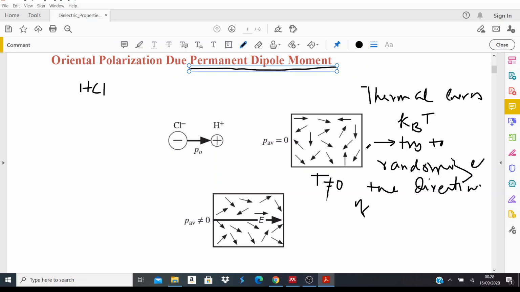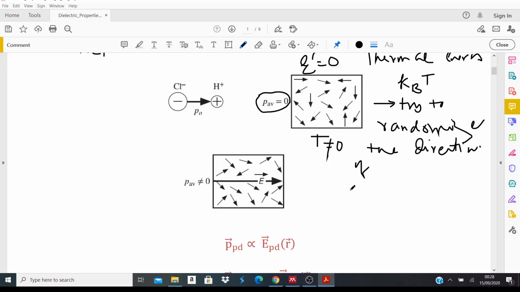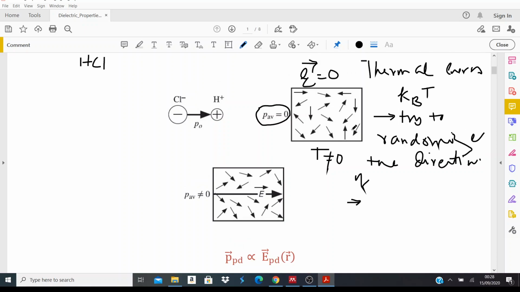And that's why, as the direction is very randomized, the net or the average dipole moment is zero. This is where we don't apply any external electric field; the external electric field is absent in this case. In this figure, they are denoting the net dipole moment by P average. So the thermal fluctuation randomizes the direction of the individual permanent electric dipole moments, and that's why we don't see any net average electric moment.